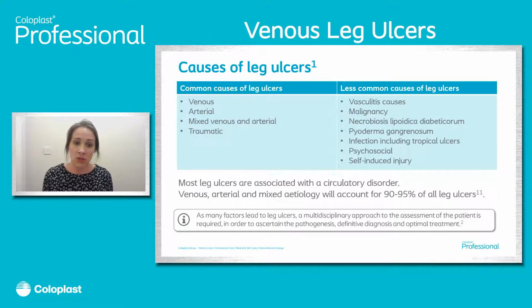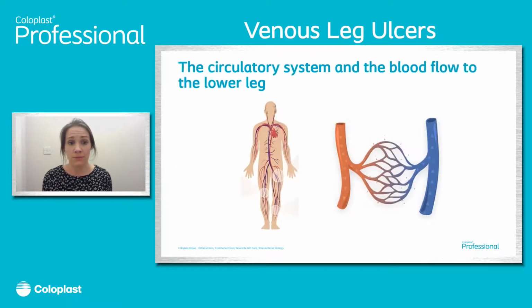Most commonly, leg ulcers are associated with that circulatory disorder, whether that's venous or arterial, or a mix of both. And they will account for 90 to 95% of all leg ulcers. But it's really important for us to get down to the bottom of the root cause of an ulcer so that we can establish the best way to try and help this person and get this ulcer healed.